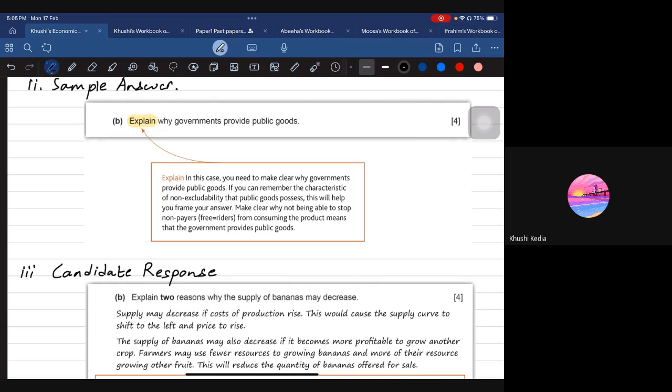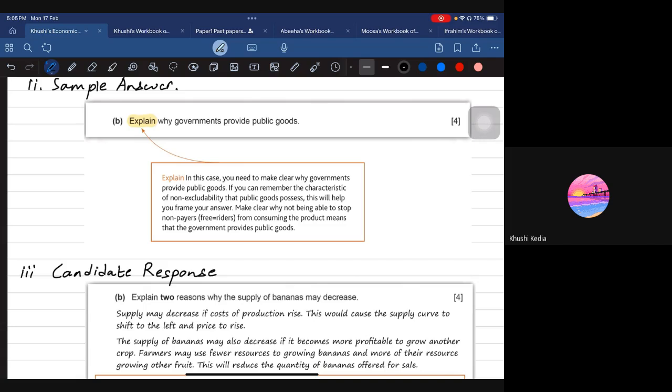Done reading, sir. How many marks? I would say 3 out of 4. Okay, so where are you deducting a mark?